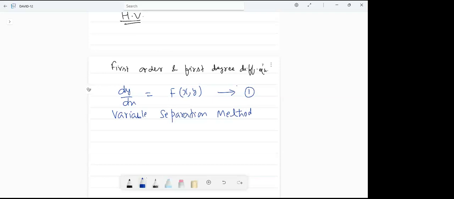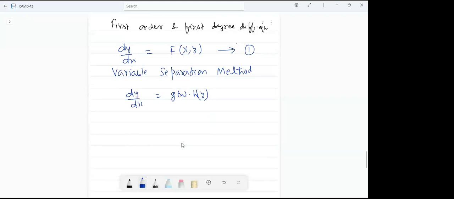If we have a first order first degree equation, then the first method that we use to solve it is variable separation. We write the function as a function of x and a function of y.